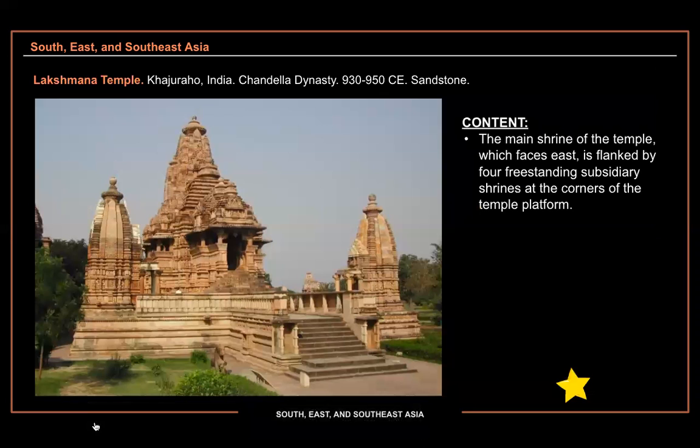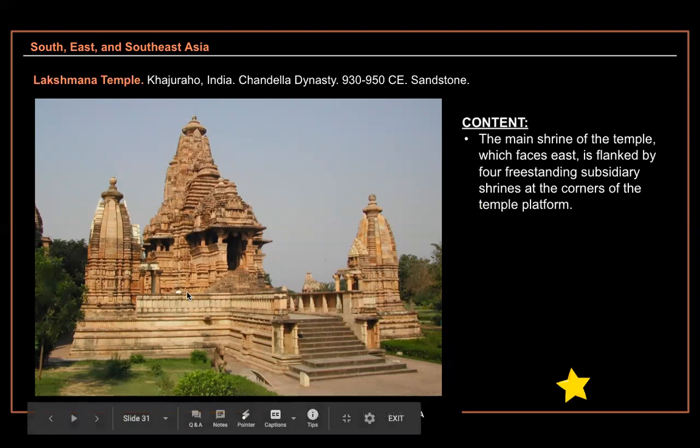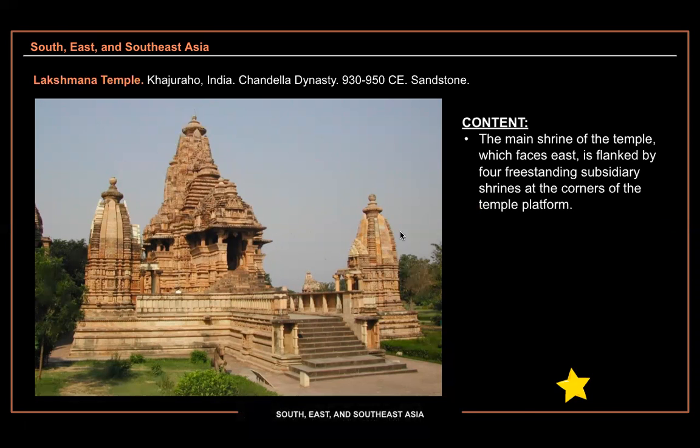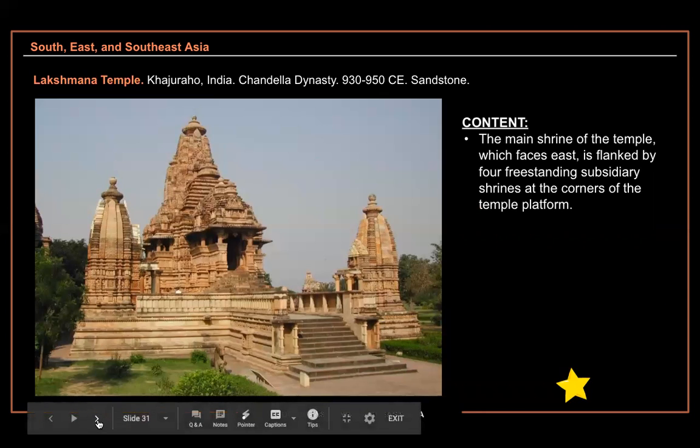So content, right? What it is, and what are the different parts of the temple. It has actually one main shrine, centrally located here. You see this large shrine in the center, but it also has 4 smaller versions on the corners of this platform.